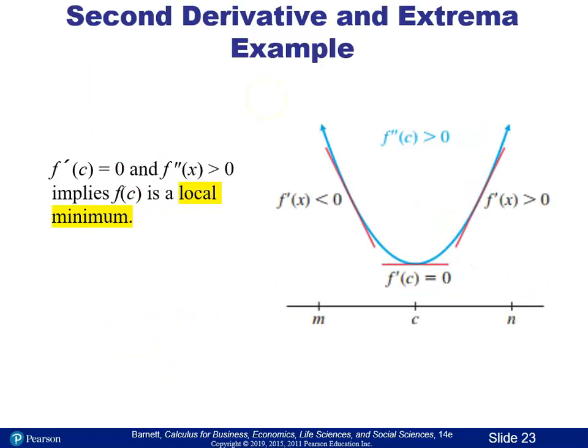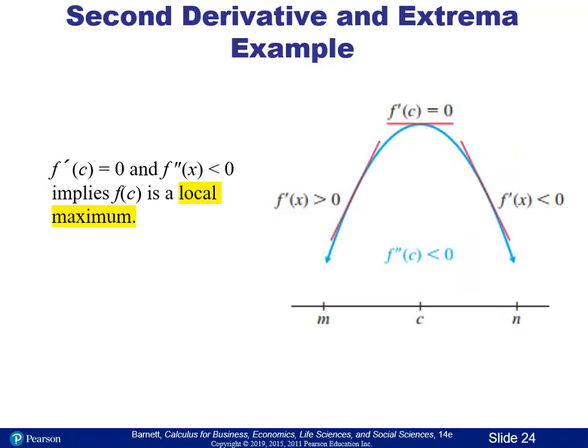Okay, we want to look at the second derivative and how that relates to extrema. So if we have a situation where the first derivative is equal to 0, so basically we're looking at something where we have a horizontal tangent line, and we know that the second derivative is greater than 0, which means it's concave up, then the two statements together tell us that I'm working with a local minimum here because of that horizontal tangent line and the concave up situation.